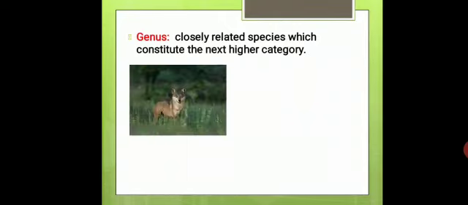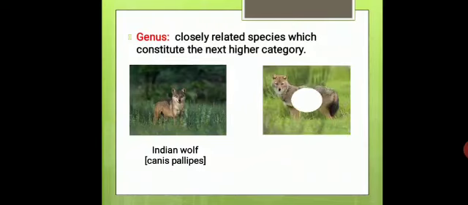Next one is genus. Closely related species constitute the next higher category. So it comes after the species, that is genus. The example we have here is the Indian wolf, whose scientific name is Canis pallipes. In the same way you have the Indian jackal, Canis aureus.